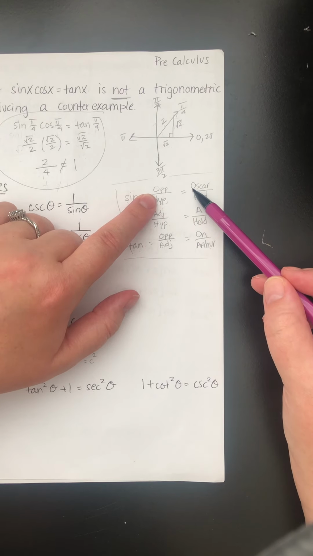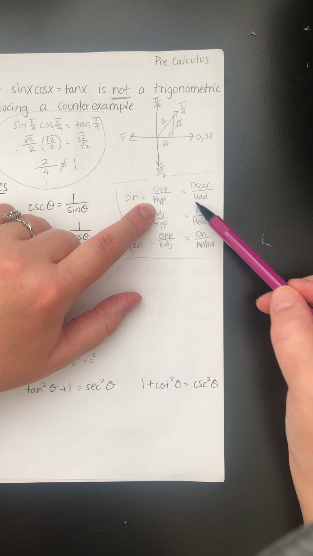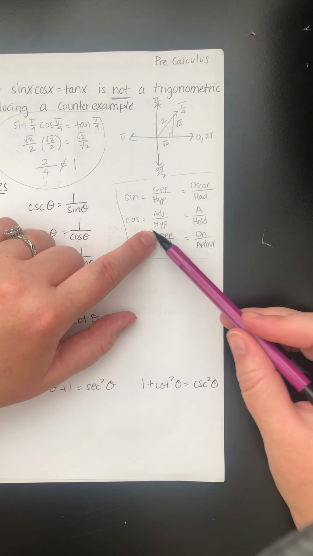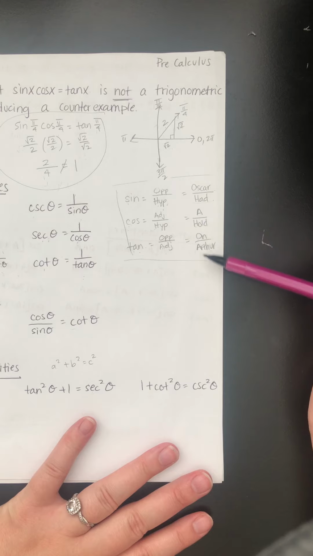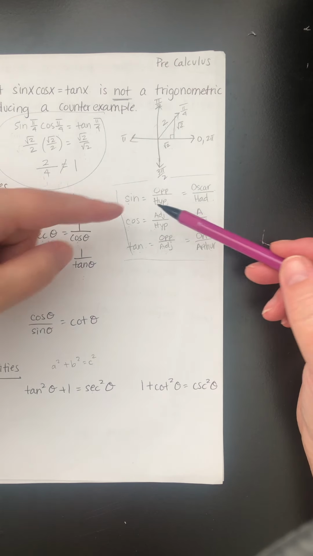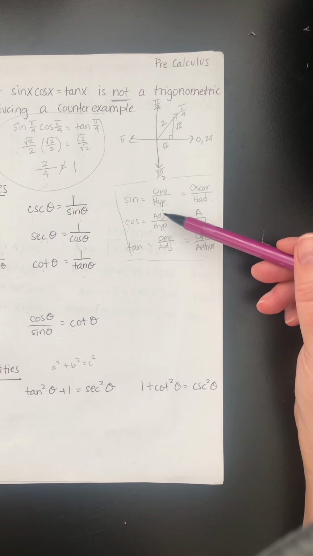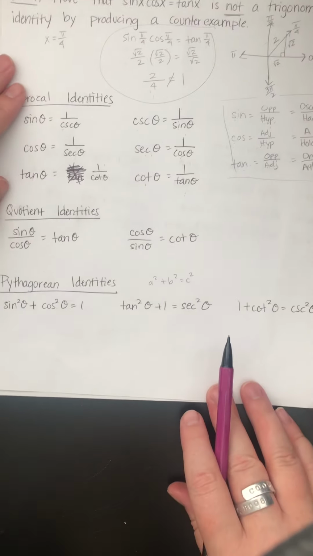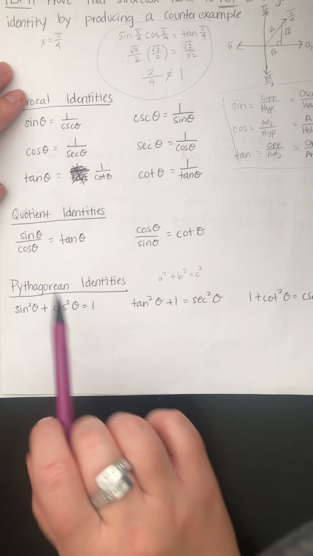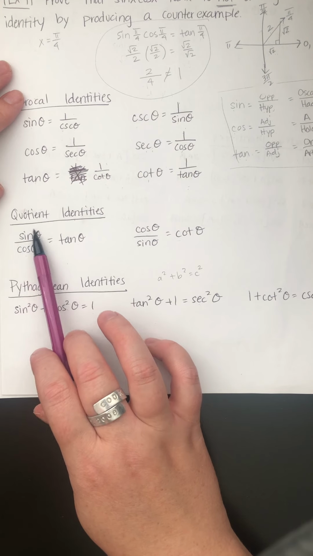Take the first letter of each word: Oscar, opposite; had, hypotenuse; a, adjacent; hold, hypotenuse; on, opposite; Arthur, adjacent. As long as you keep them in the same order, sine, cosine, tangent, you'll be able to remember opposite over hypotenuse, adjacent over hypotenuse, opposite over adjacent. If that doesn't work for you, you can use a different way. That's how I remember it from when I was a kid.